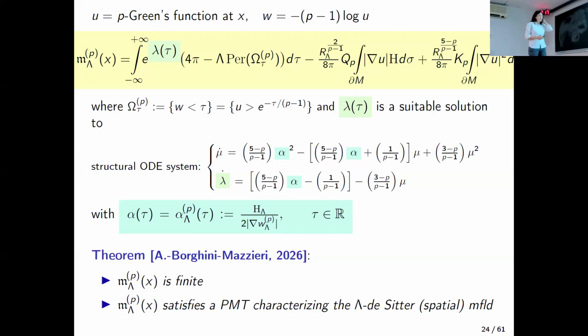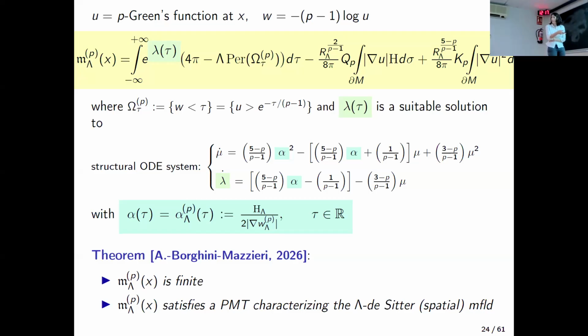Okay. What I wanted to tell you about was how we could derive, once we had the p total masses, which is the biggest part of our analysis, the one total mass.